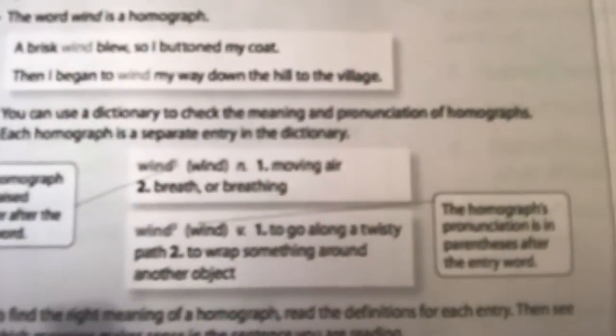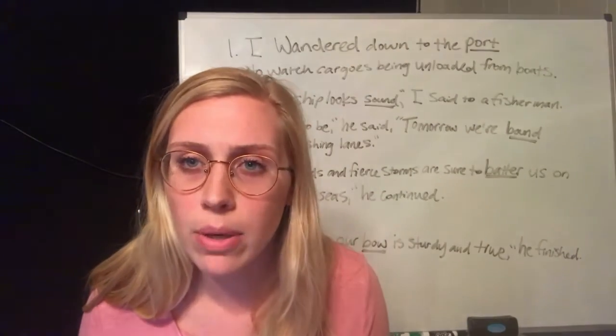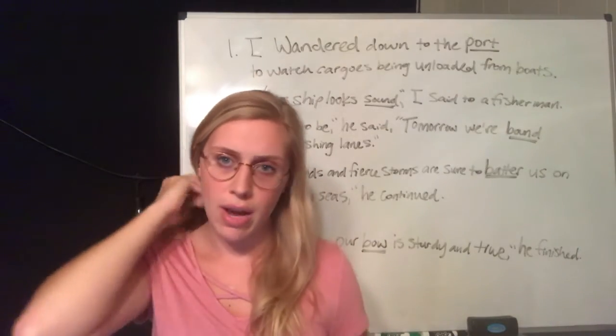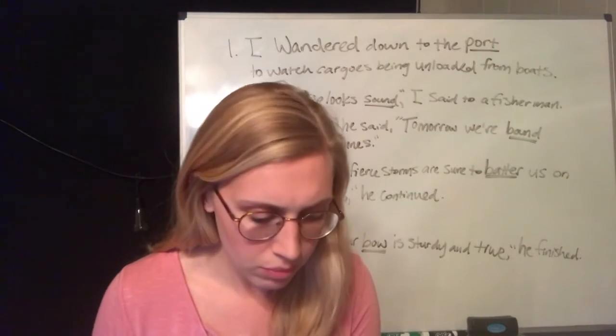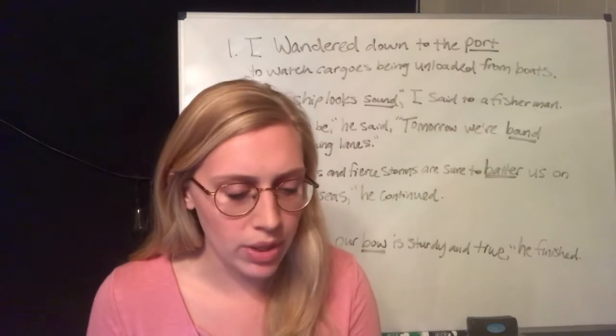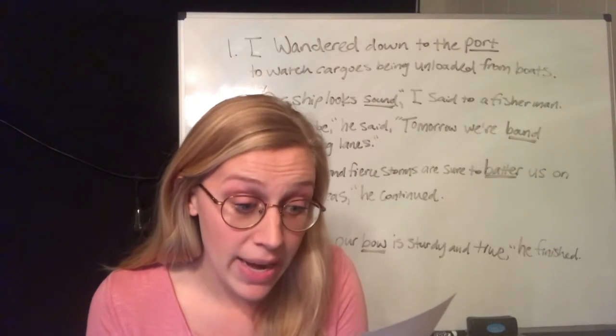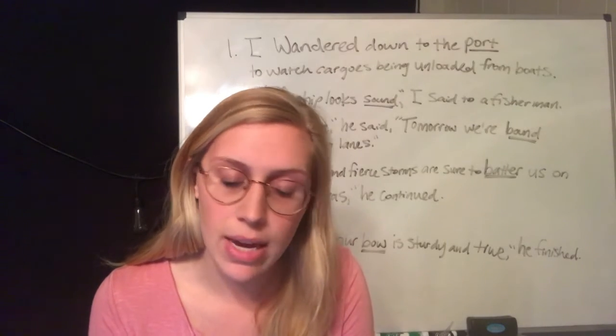You see how there's wind and there's wind, but there's that little number. There's a number 1 and a number 2. Now read to yourself in that introduction what those numbers mean. It says each homograph has a raised number after the entry word.